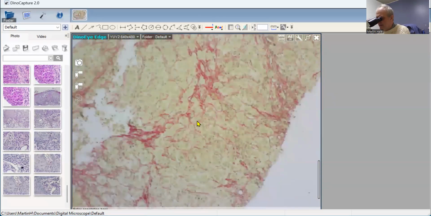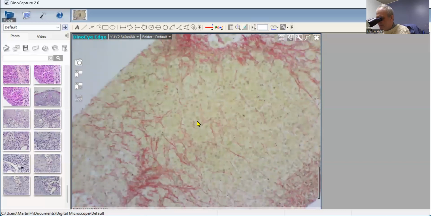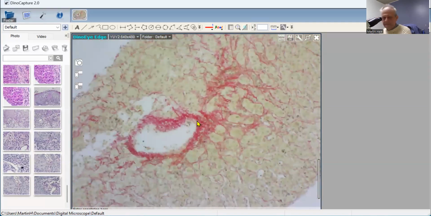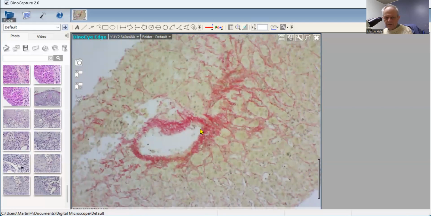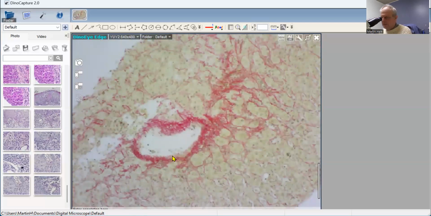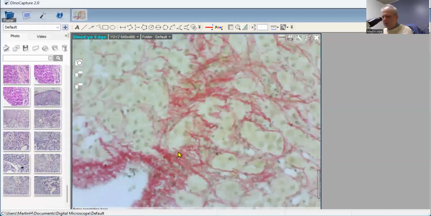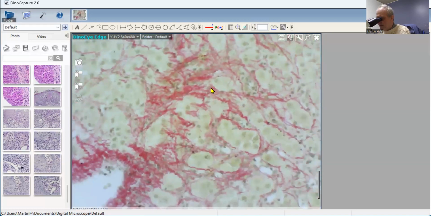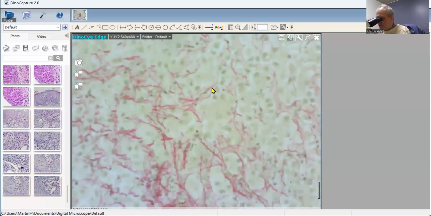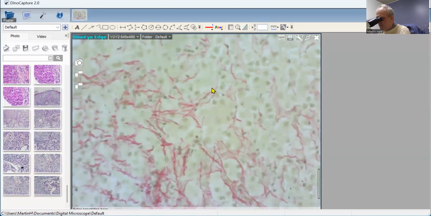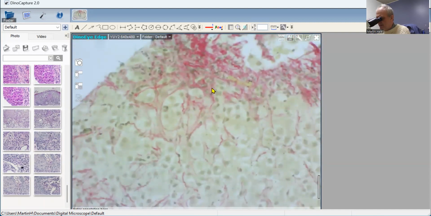And when we look there, I think that that is a central vein here. So you've got perivenular fibrosis, and we've got some chicken wiring again, with extension of the sinusoidal fibrosis into zone 3, and I think it's even going through into zone 2, and maybe meeting up with that area there, which is a portal tract there.